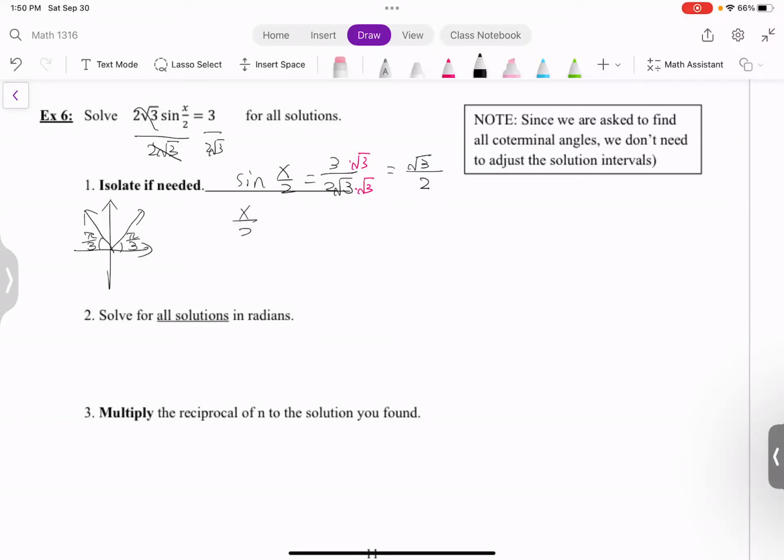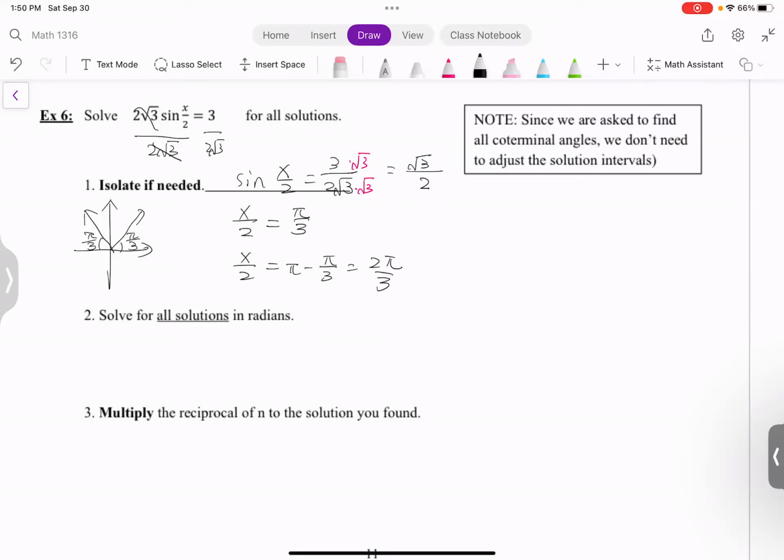That means x over 2 may equal pi over 3, or x over 2 in the second quadrant is pi minus pi over 3, which is 2 pi over 3. I got 2 angles in one revolution.